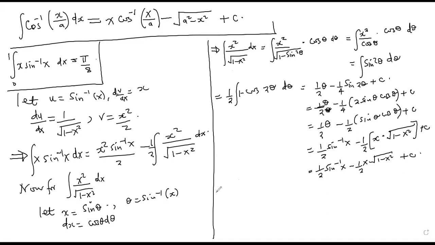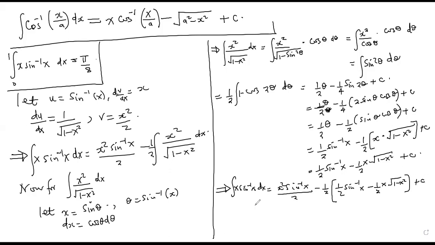So this would imply that our integral of x sine inverse of x dx is going to be x squared sine inverse x over 2 minus a half into the integral of that, which is a half sine inverse of x minus a half x root 1 minus x squared plus a constant of integration.